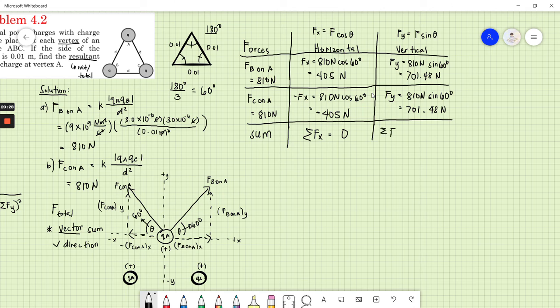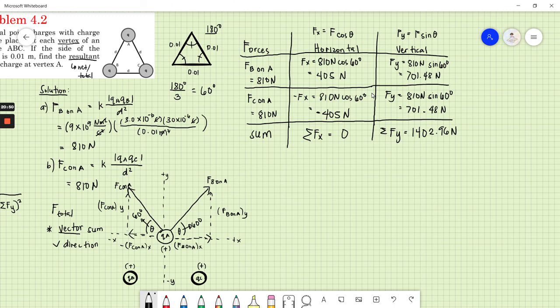We also have to take Fy, which means 701.48 newtons plus 701.48 newtons. That basically gives us 1402.96 newtons. So that is our Fy.